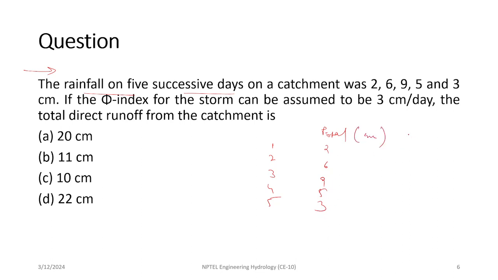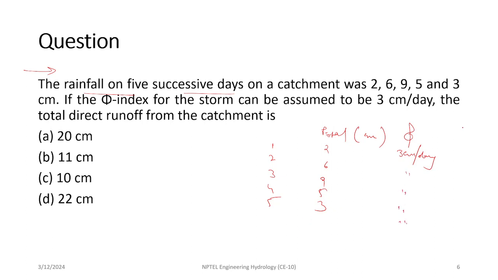At the same time phi is also given to us. Phi will be constant for the catchment. Here it is given as 3 centimeter per day, so it is constant for all the cases.